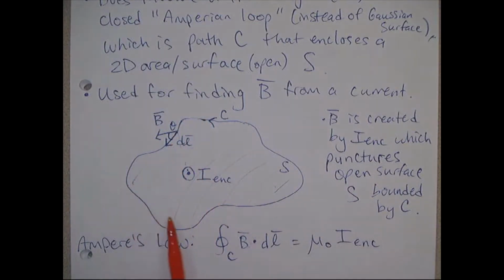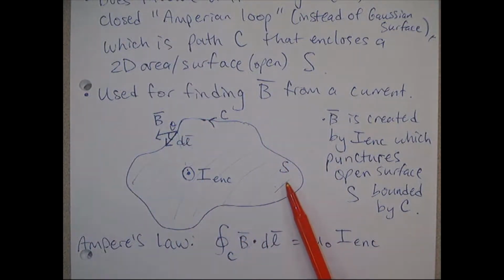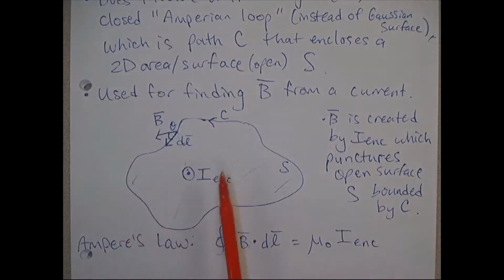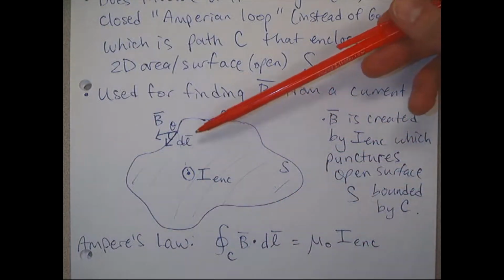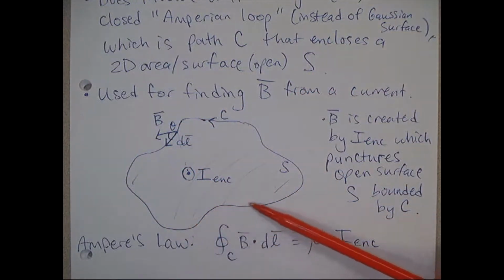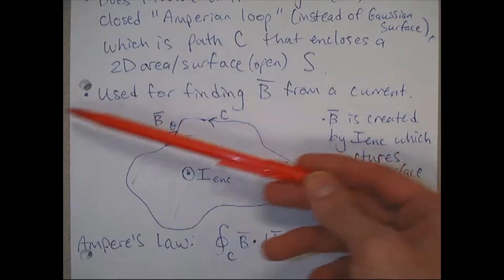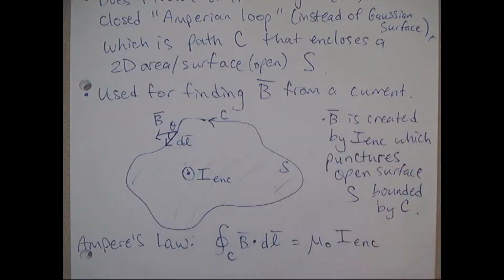If we define an open surface S, which is punctured or pierced by a current, we'll call that enclosed current, analogous to the enclosed charge in Gauss's law. That enclosed current puncturing the surface will produce a magnetic field which is in general pointing in any number of directions along this closed path C.